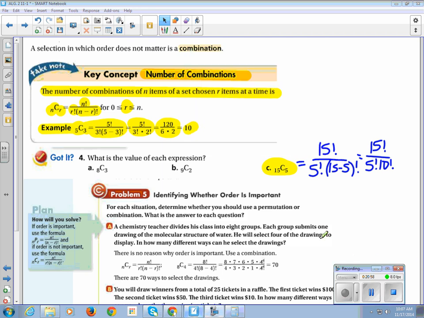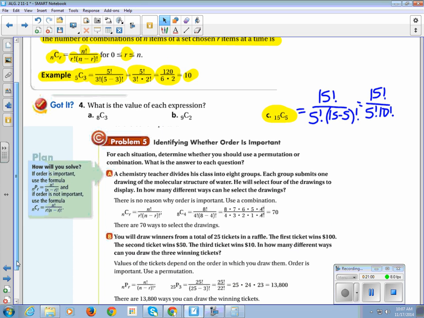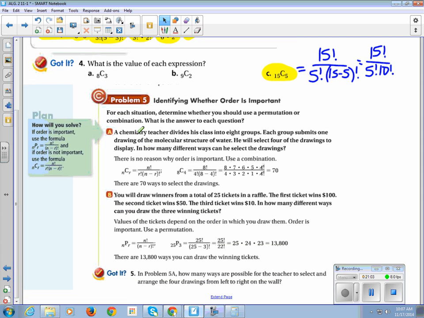All right, let's look at a couple scenarios together so we can correctly identify if we need to use combination or permutation. So if we look here, a chemistry teacher divides his class into 8 groups. Each group submits 1 drawing of the molecular structure of water. He will select 4 of the drawings to display. In how many different ways can he select the drawings? There is no reason why order is important. So you guys are kind of detectives. You have to figure out if order matters or order doesn't matter.